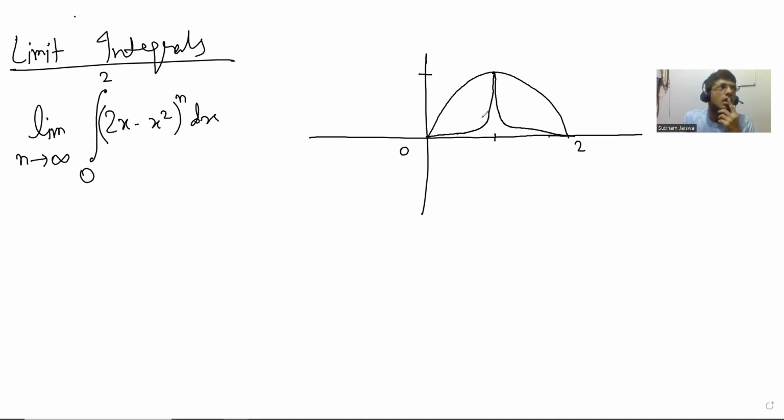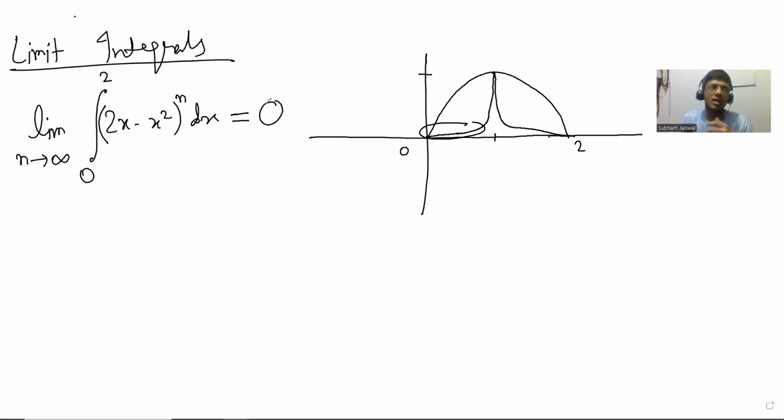This vertical strip will get narrower and narrower, and this horizontal thing will also get lower and lower. So obviously that means the area is 0.